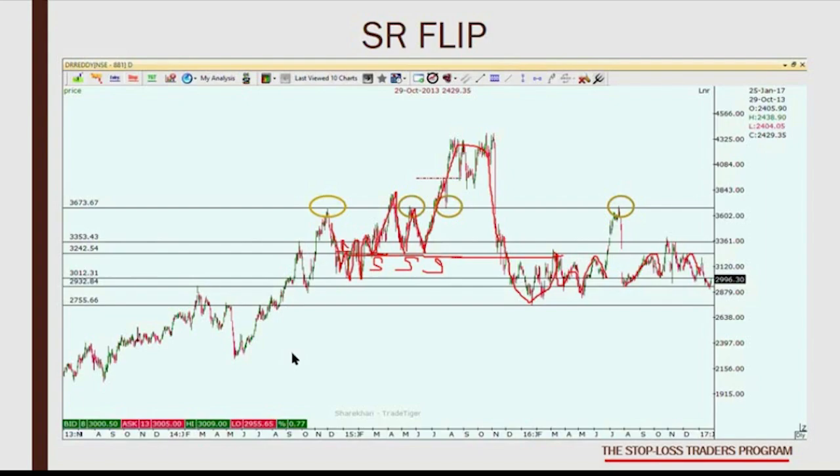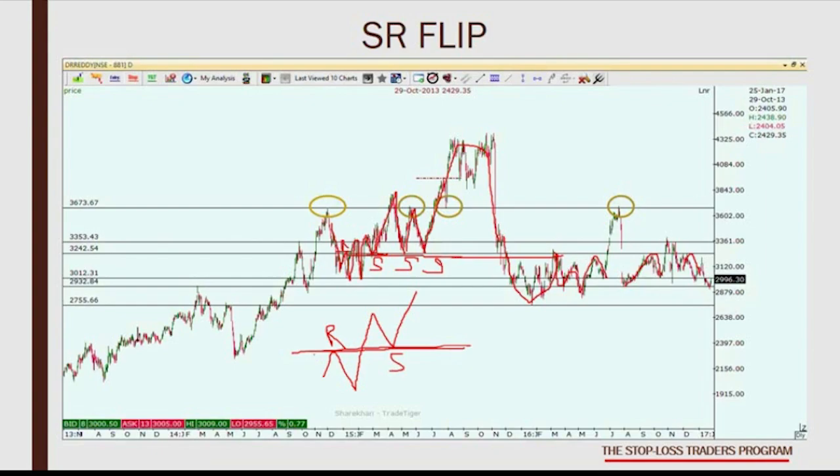Okay, so if the number of taps to the SR is more than 3, then it is likely to be violated. We have already discussed that. Though some SRs may give more than 3 bounces, this also happens, right?